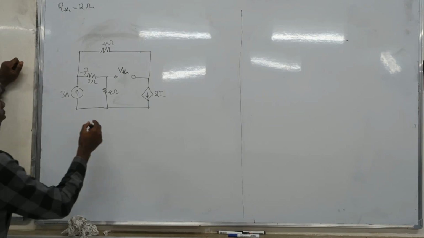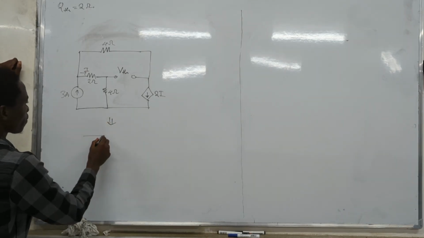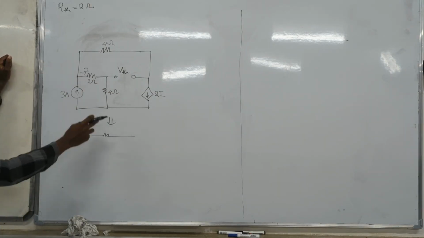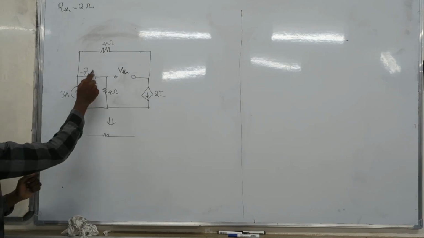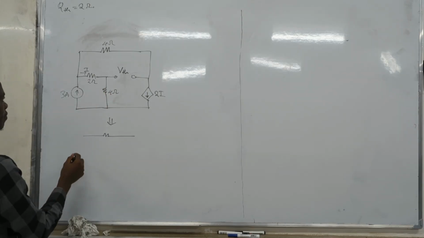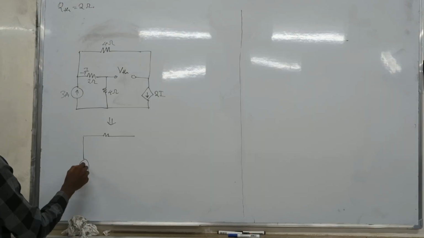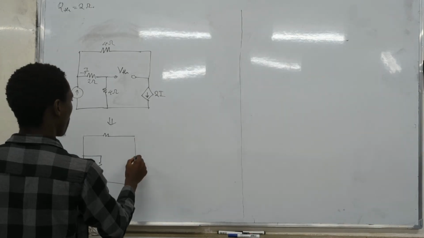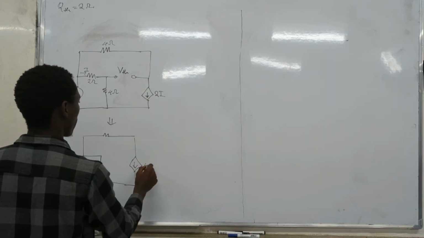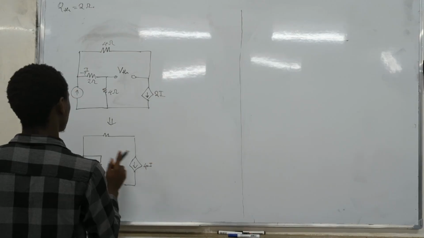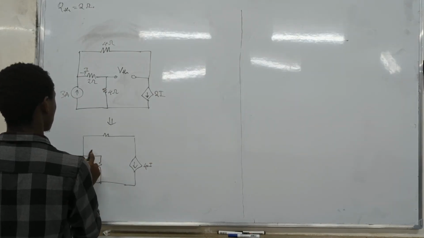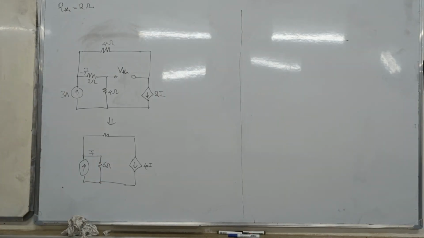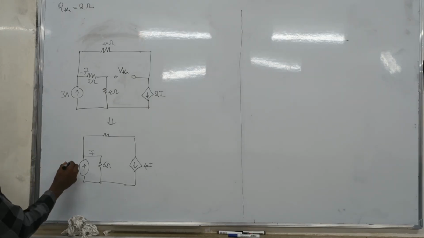So let's do source transformation. So we are adding these two. Yes, they are in series. This part is open, so current will just flow. So when we do source transformation, this is 3 amps.